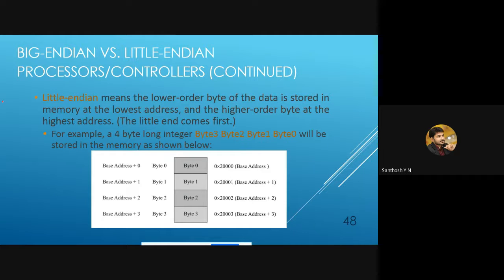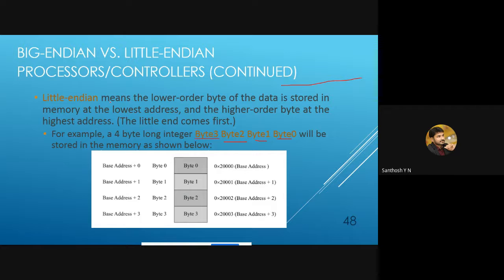In order to understand little endian, I made one more slide. Little endian means the lower order byte first. The 32-bit data, I can call it byte 0, byte 1, byte 2 and byte 3 respectively.